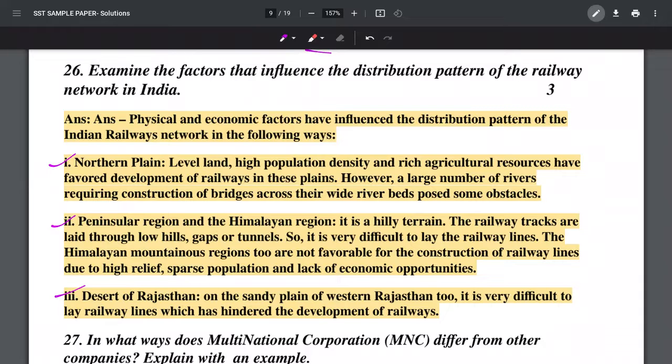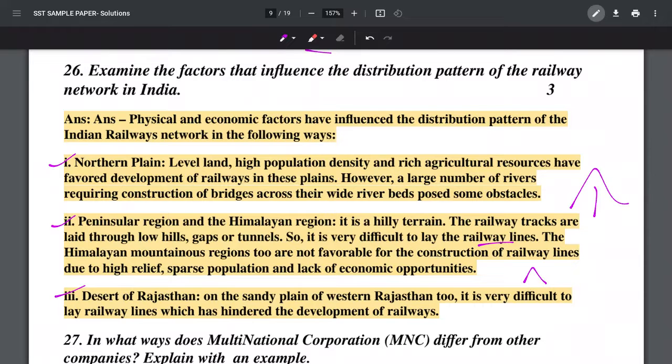Then in the peninsular region and Himalayan region, it is hilly, so the railway tracks can be laid through low hills, gaps, or tunnels. If this is my mountain, through this tunnel the tracks can be kept, but it is very difficult to lay the railway lines, right? It's difficult. So the Himalayan mountainous regions too are not favorable. I cannot use it on the Himalayas.